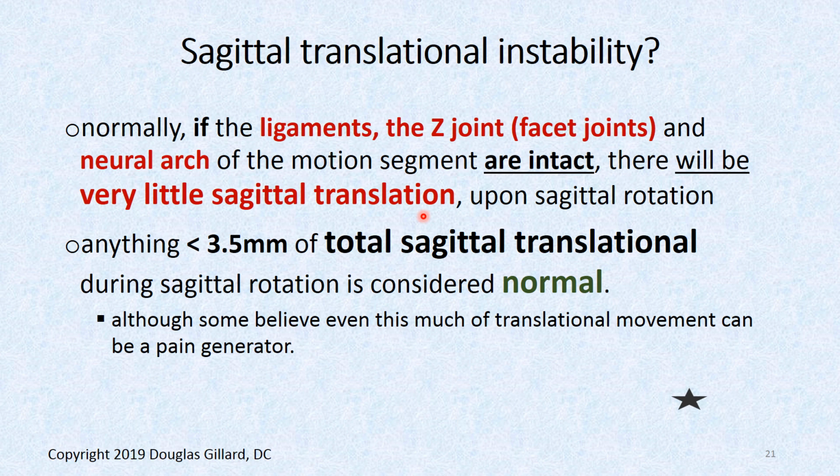It can jam into the traversing nerve roots and cause sciatica. So anything greater than 3.5 millimeters is the standard that we all use. That's considered an instability, specifically an anterior posterior sagittal translational instability, if you want to get specific about that.